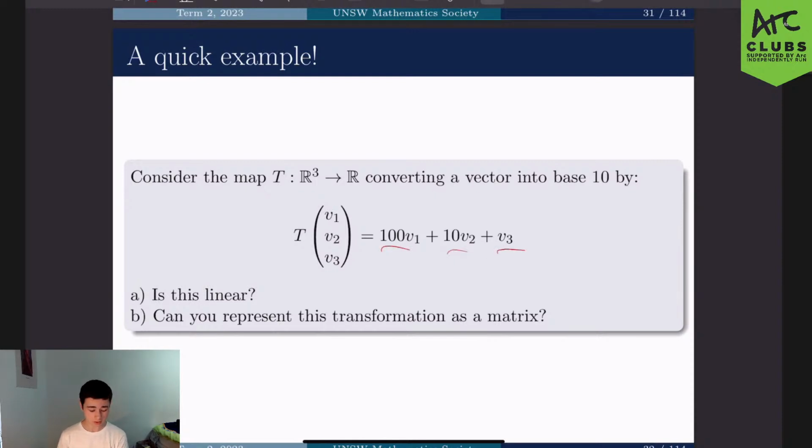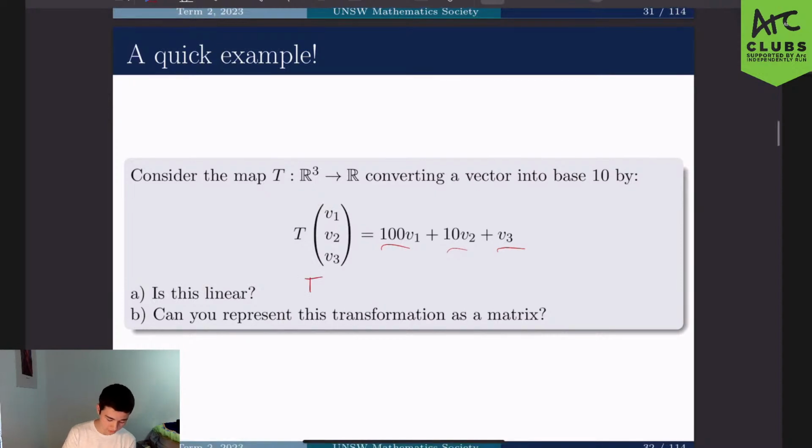We can show that it's linear through the same kind of example: t of (mu v plus lambda u) should be equal to mu t of v plus lambda t of u. Once we show this, we can very quickly see that it should be true because we have linear kind of factors here.